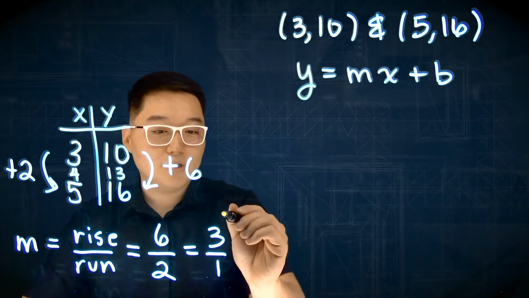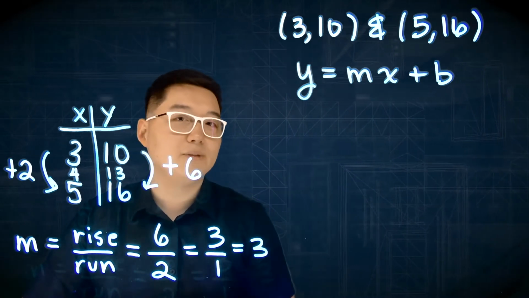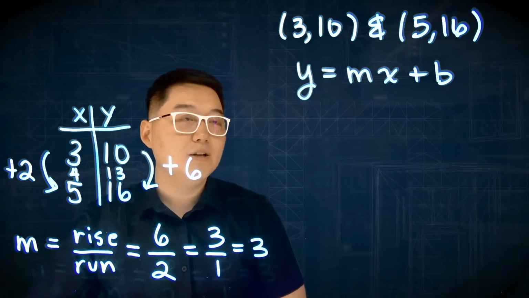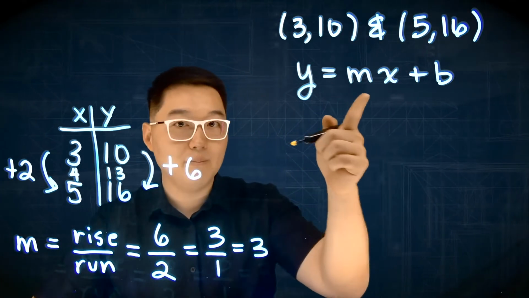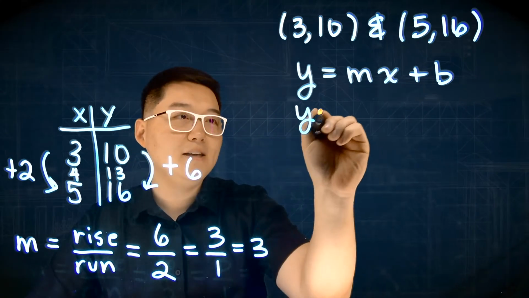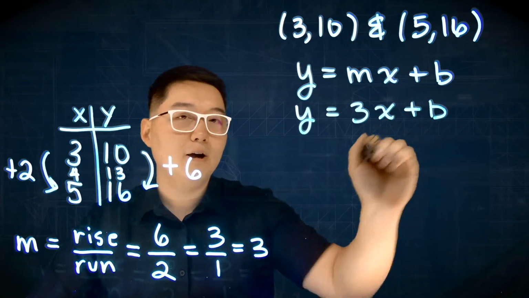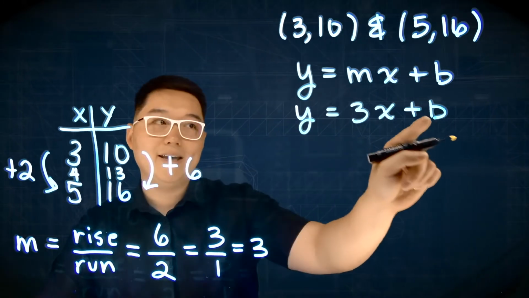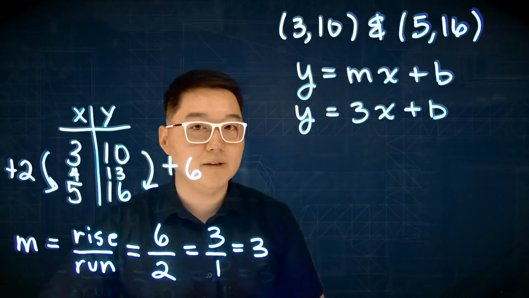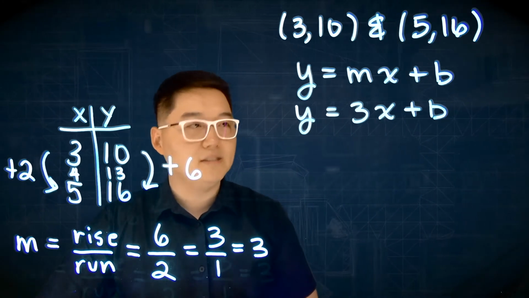So 3 over 1 is our slope, or you can just say 3. You're gaining $3 every day. So there you go. We already know what the slope must be by using our table. y equals 3x plus b. But we still don't know what the y-intercept, the initial value, must be when x is 0. How much money do you have on day 0?